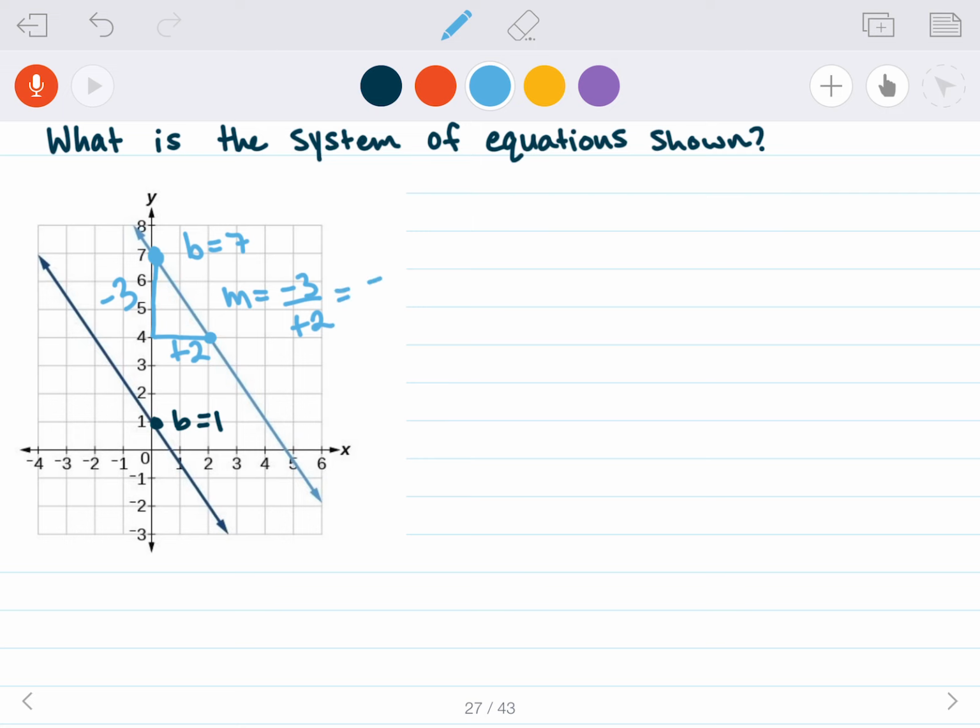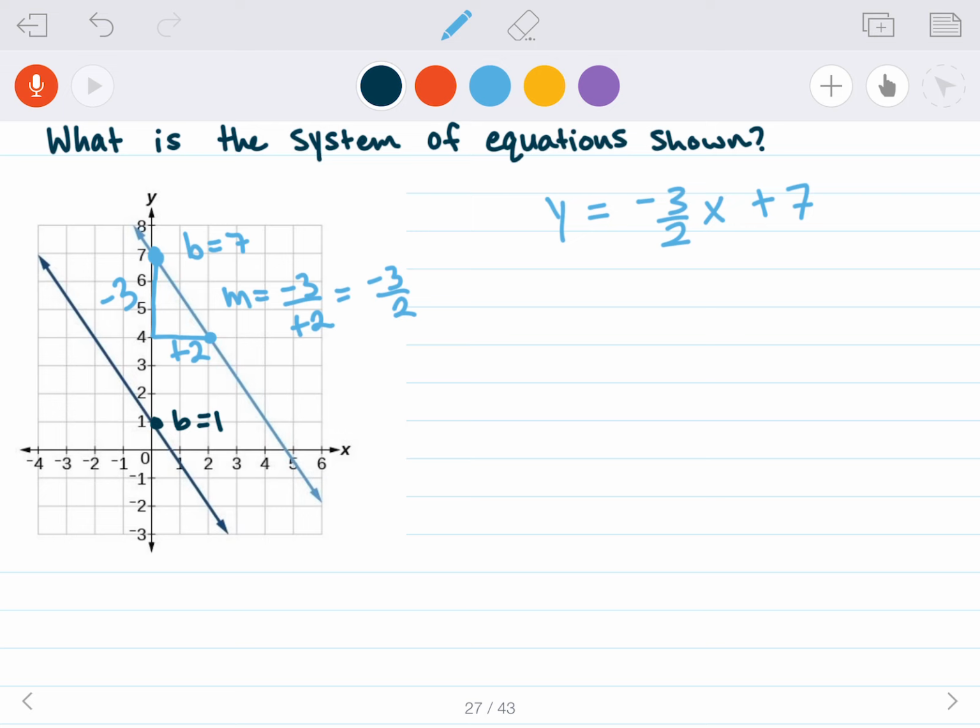That gives me a net result of negative 3 over 2. A negative over a positive is negative. So therefore my line for my first equation in my system is y equals m, negative 3 halves, x plus 7.